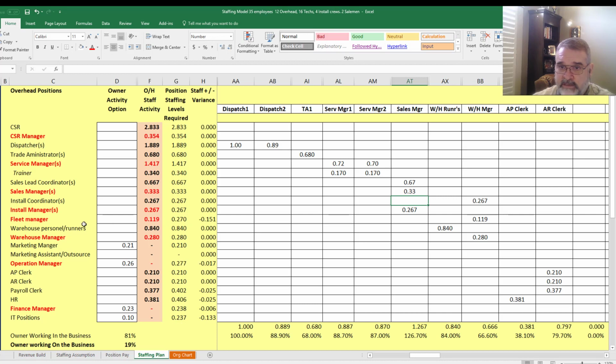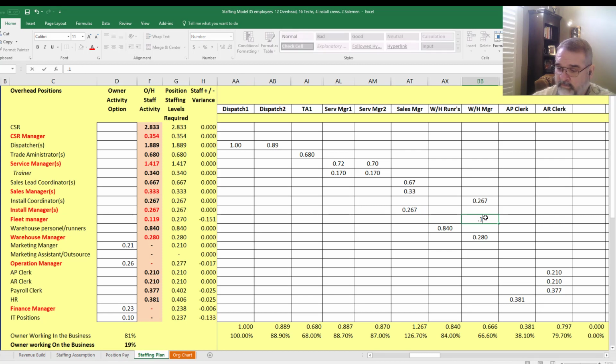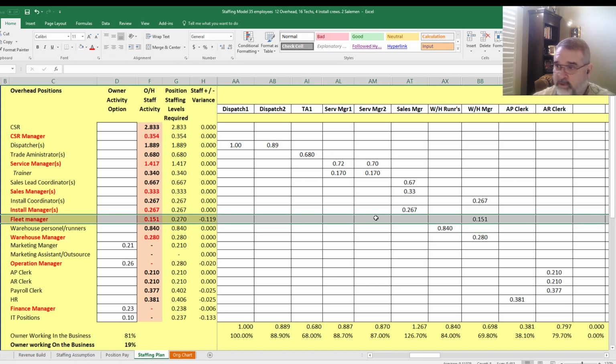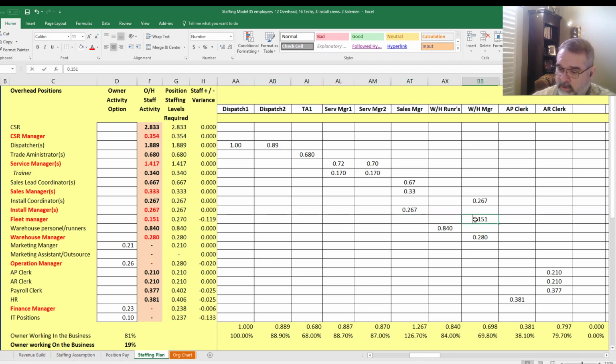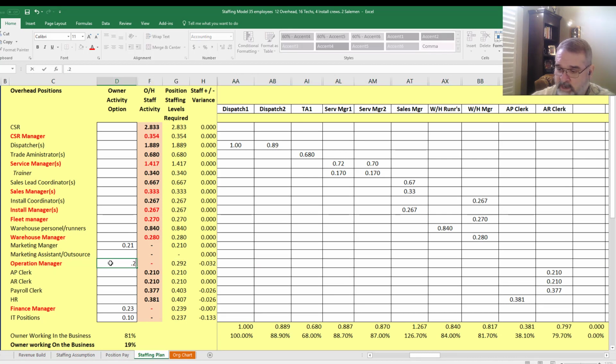And then I've got fleet manager, which is 0.151. So you can see it comes down to 0. Did I do that right? Nope, needs to be 0.270. Now it's at a 0. And operations manager now is the owner, and he goes to 0.292.